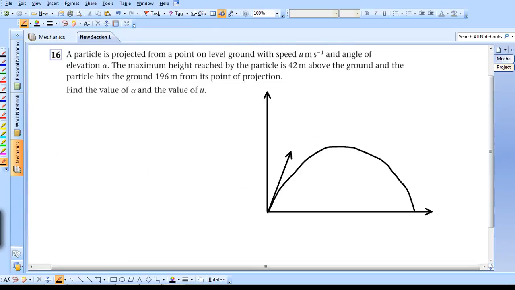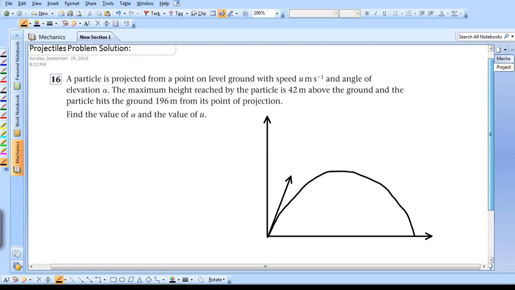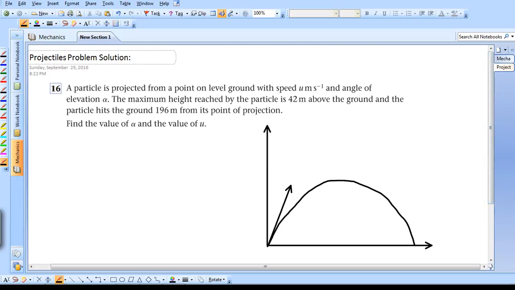Okay, so first things first, we need to find the information that is hidden in the question. So this is one piece of information: this is the initial speed of the projectile.